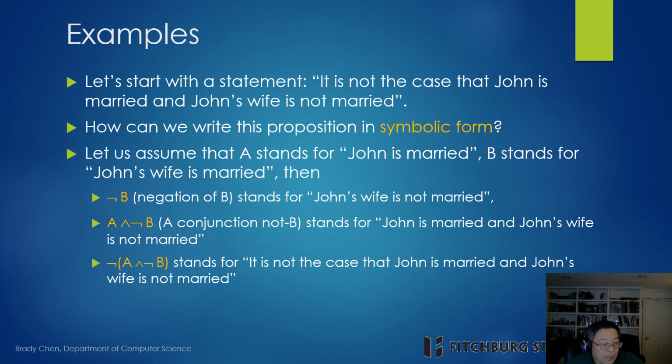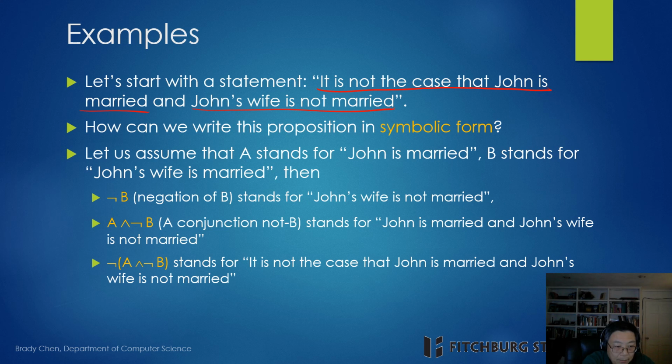So let's take a look at examples of how to use simpler propositions to build a more complicated one. Let's take a look at a statement. This statement says it is not the case that John is married and John's wife is not married.